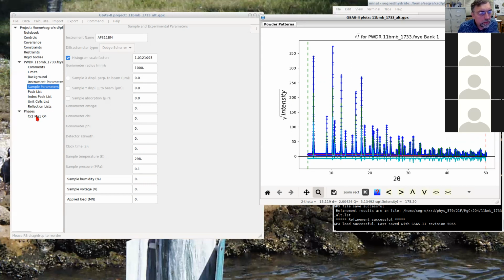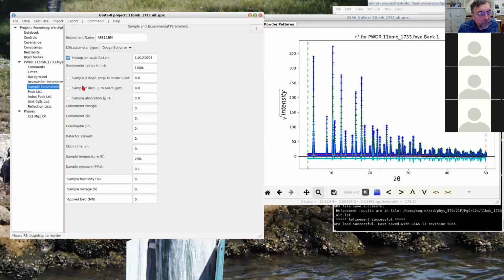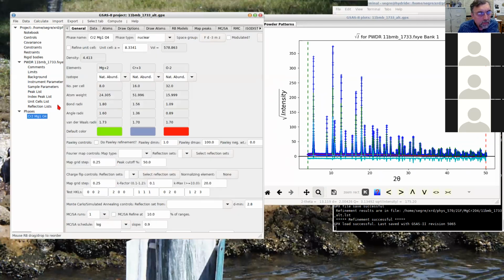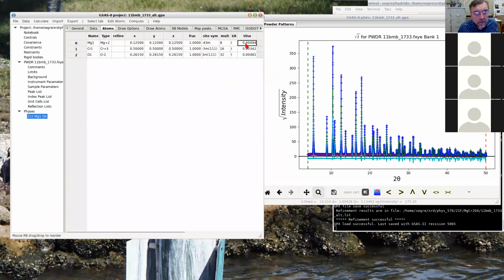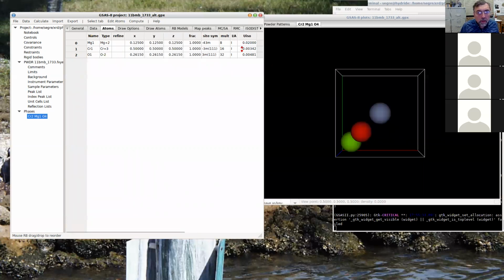Okay, so just to move quickly through, my sample parameters are 1.01. My lattice parameter needs to be refined. My atoms, it's easier if I start very close to what we had, 0.02.